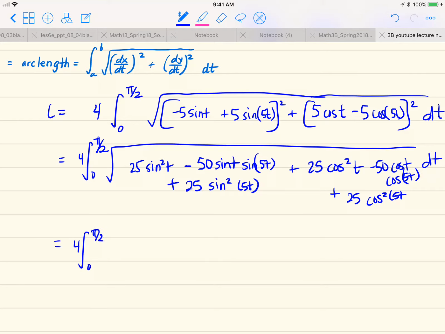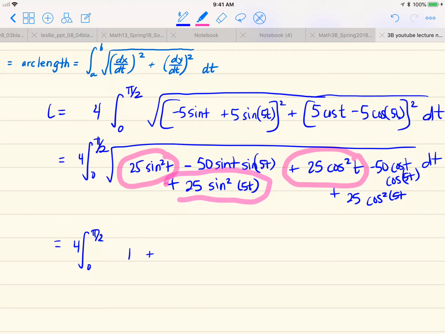And now let's see here. 25 sine squared t plus 25 cosine squared t, that's going to equal 25. And we can use the same trig identity to rewrite 25 sine squared 5t plus 25 cosine squared 5t. So we'll have 1 plus 1, and then all of that multiplied by 25, right?